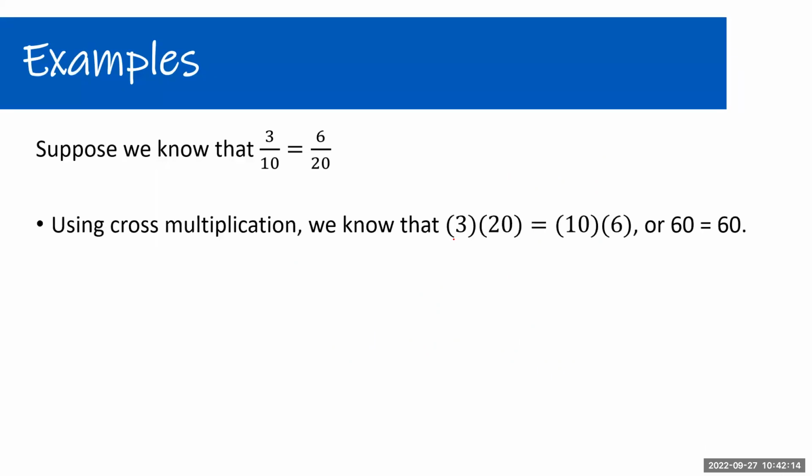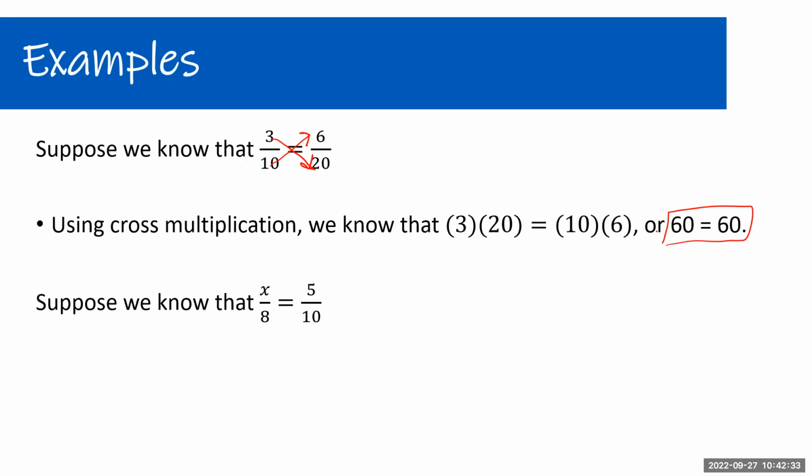But sometimes we won't have quite as pretty math. We can show that cross multiplication works by using the idea that 3 times 20 has to equal 10 times 6, and sure enough, 60 equals 60. So your crosses are going to be equal.